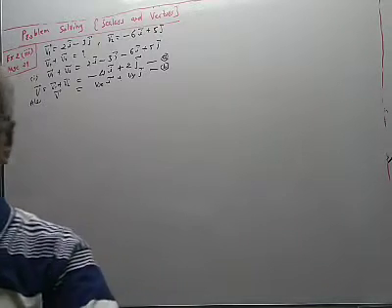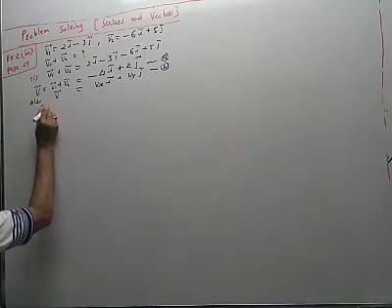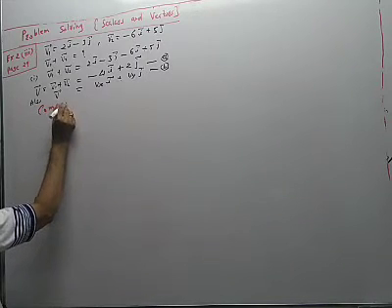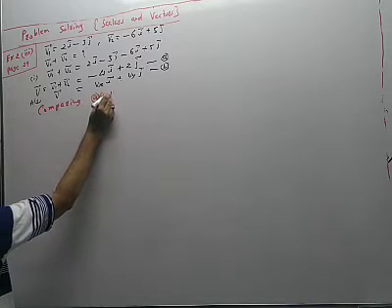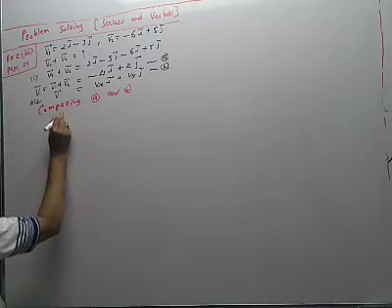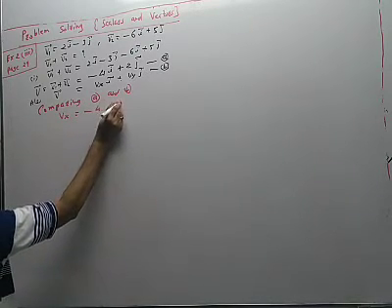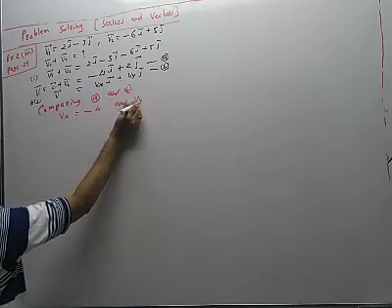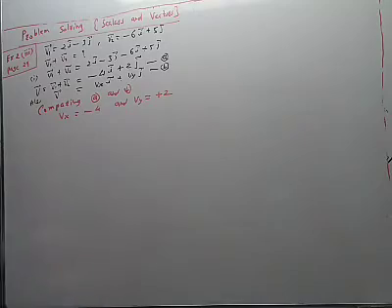So comparing A and B, Vx is equal to minus 4 and Vy is equal to plus 2.